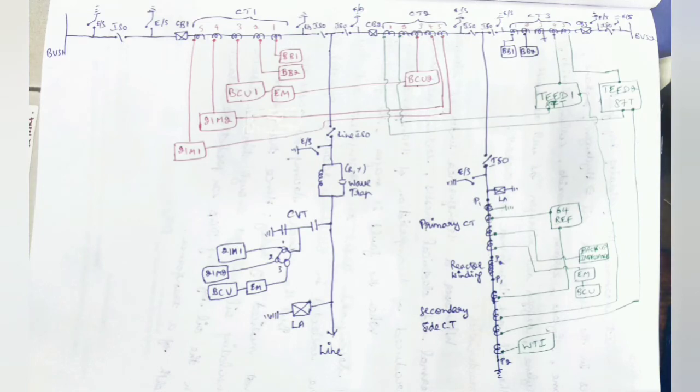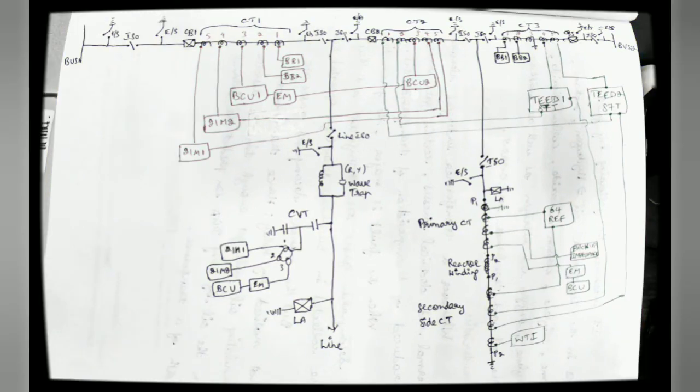All these are taken together and go to your T differential relays, and it consists of 2 relays of TEED protection. So the differential protection is taken for your reactor bay combined with the tie bay, and also goes to your reactor secondary side CT.